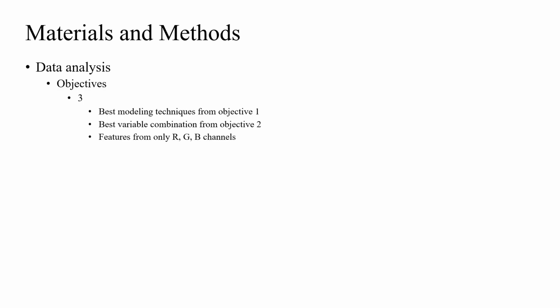Depending on what the best predictor variable combination was from objective 2, since at this point we don't know the result yet, the number of features used for modeling could be only 3 times 4 equals to 12 color features, only 3 times 9 equals to 27 texture features, 39 color and texture features, or 41 color and texture features plus location and time.